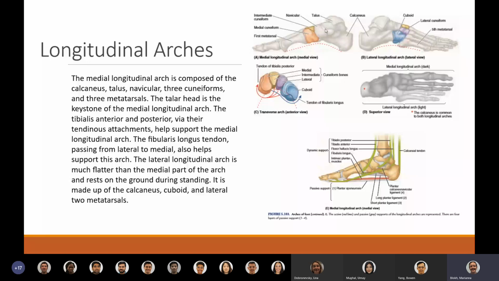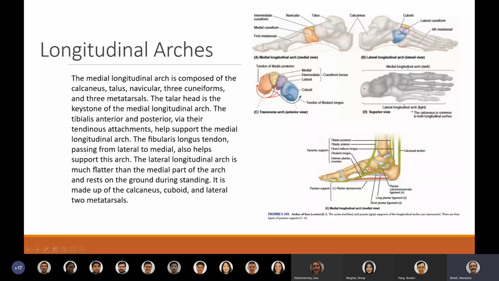And then let's talk about our tendons. What do we have? We have our tibialis anterior tendon right here. And right over here, we have our tibialis posterior tendon. Just logically, look at these two tendons alone.